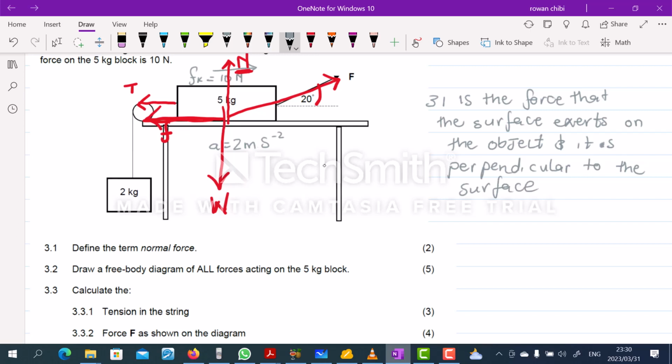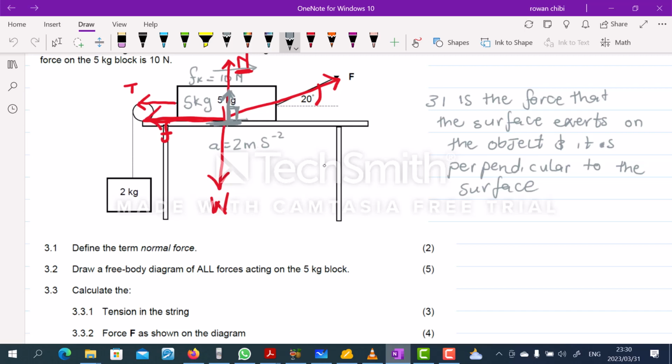So this table is exerting a force on the object, and this force, the normal force, is always perpendicular to the surface. This is your 5 kg block. That's how you define the normal force: the force that the surface exerts on the object, perpendicular to the surface.